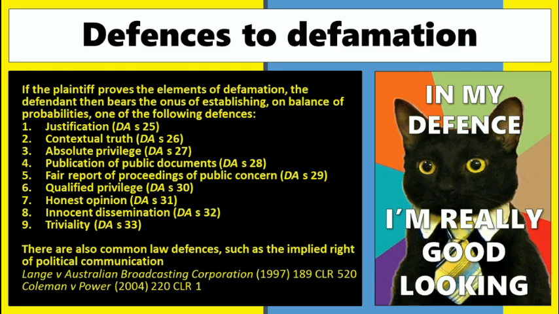Similarly, the publication of parliamentary matters or of decisions in the courts that are made, the publication of those and reporting on those is a complete defence as well. Qualified privilege is in situations where one party has a particular interest in a matter, and that's imparted to that party in circumstances the court considers to be reasonable. That will be a defence to defamation as well.